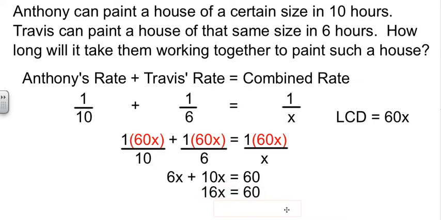So 16x equals 60, or when we divide, we find out that it's going to take them 3 3/4 hours to work together. Which makes sense. It should be less than 6 hours. So we get a smaller answer. We're happy. It made sense. Just don't go on autopilot here. Don't make the mistake of trying to average the two times, because that doesn't work out.